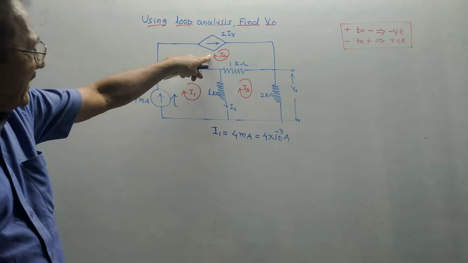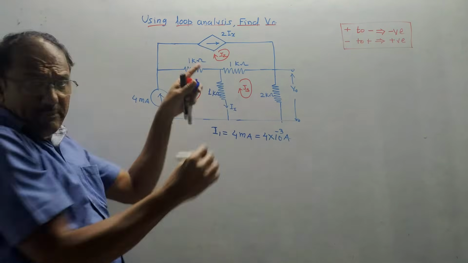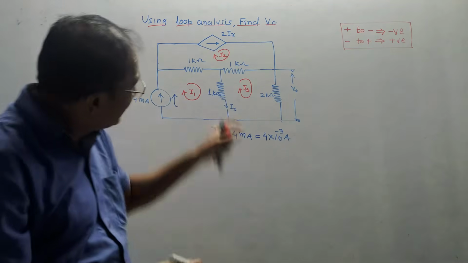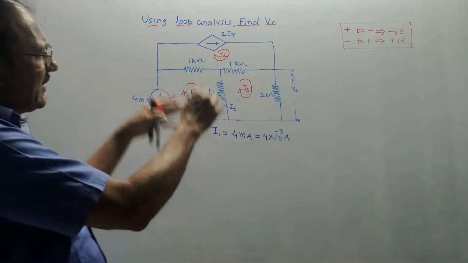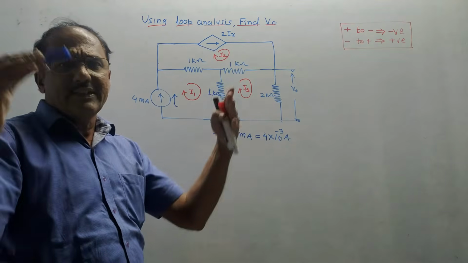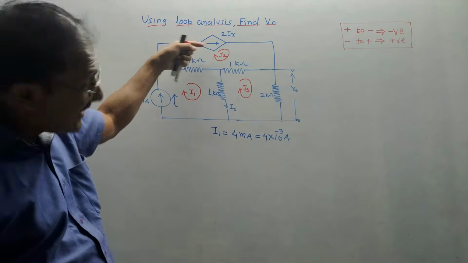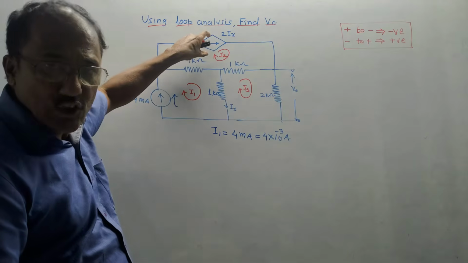Then loop 2. In case of loop 2, again, this type of symbol, diamond-shaped symbol, is known as a dependent source. Inside this symbol, if an arrow is there, it is a current source. As far as KVL is concerned, we are not interested whether it is dependent or independent. The rule remains the same, but it is a current source. The arrow indicates it is a current source, so it is again a super mesh.